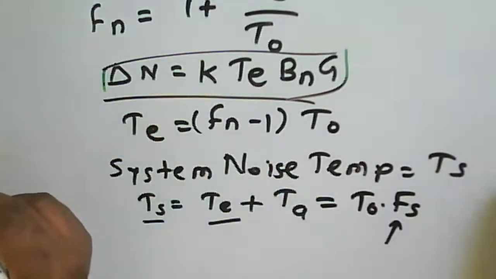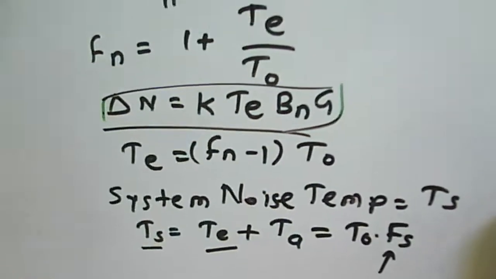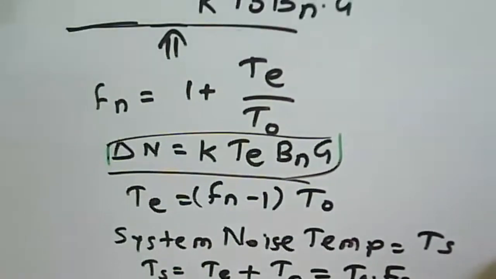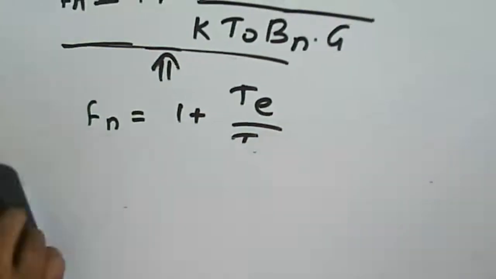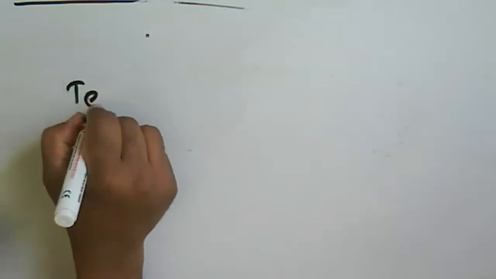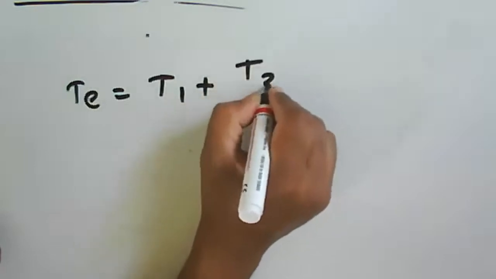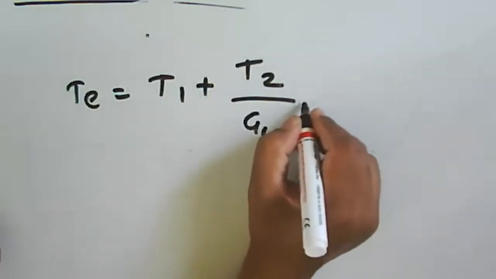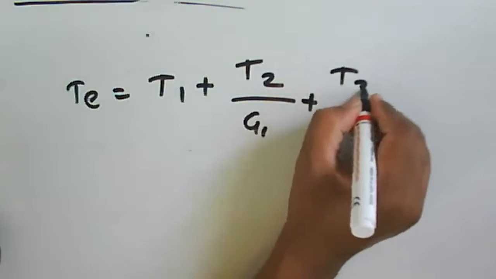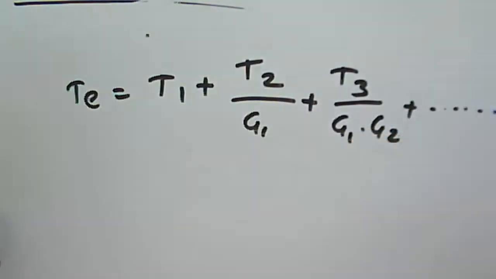So we have written earlier the noise figure for the cascaded network. If we have n number of networks present, we can rewrite the effective noise temperature of the receiver, TE, is equal to T1 plus T2 by G1 plus T3 by G1 G2, like that.